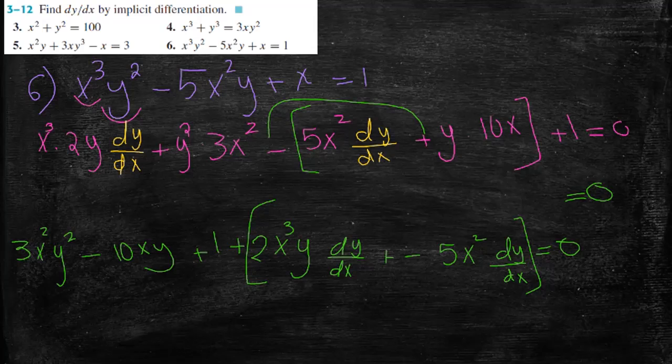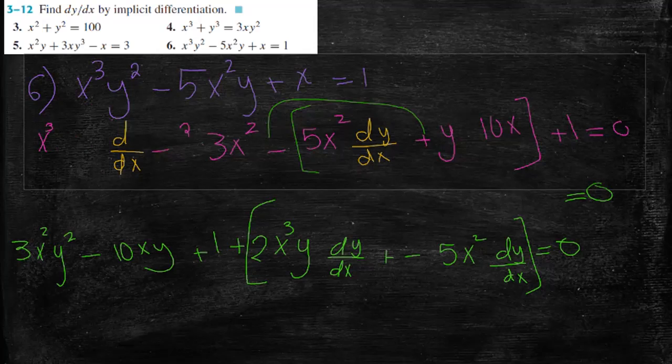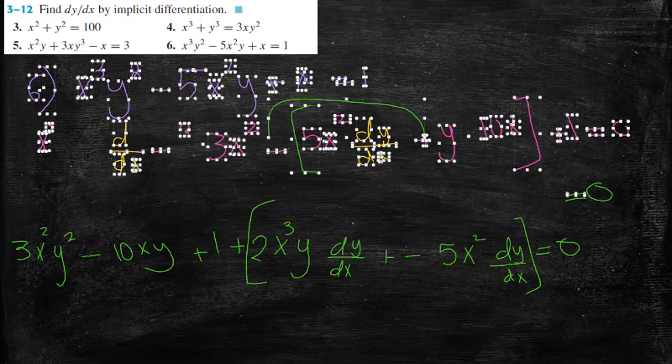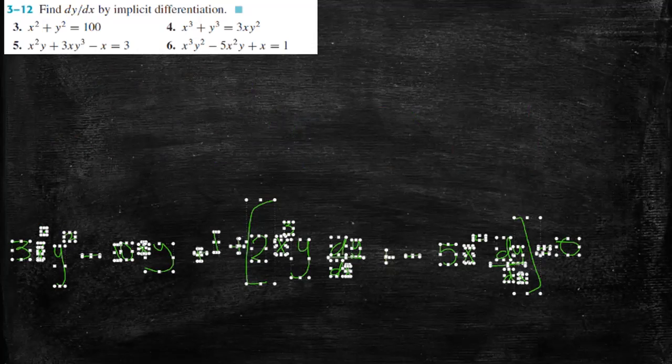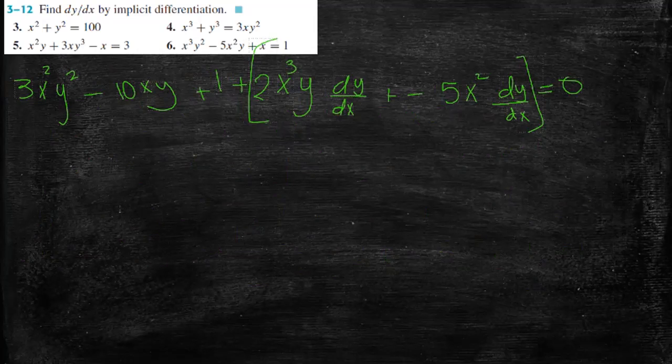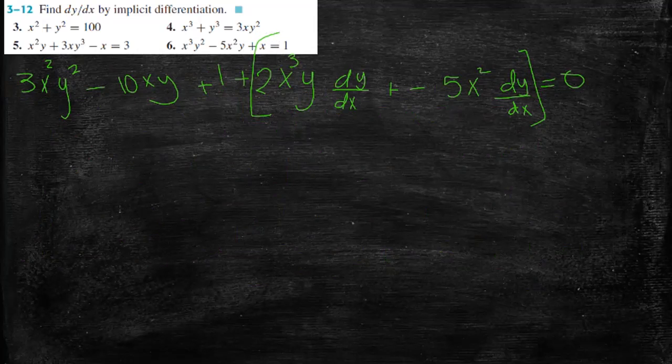It will be 3x squared y squared minus 10xy plus 1 equals 2x cubed y times dy over dx minus 5x squared times dy over dx.